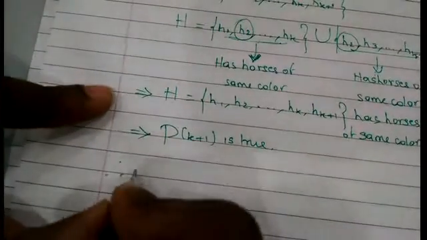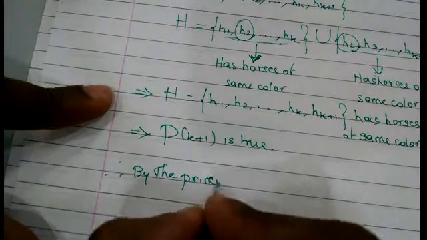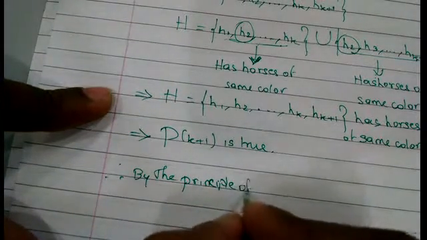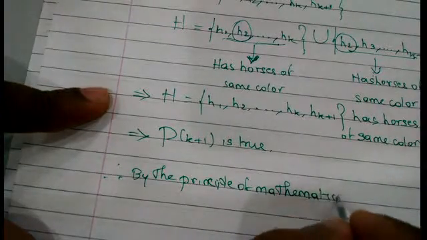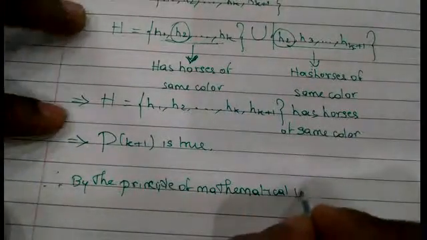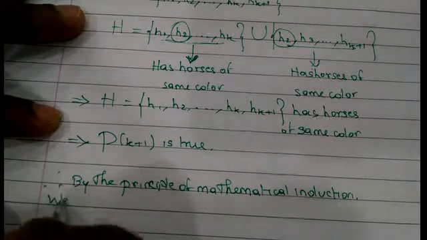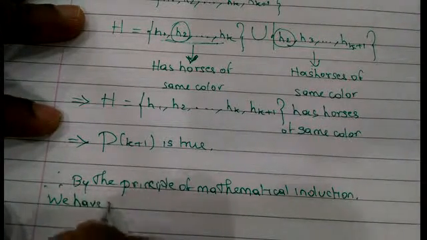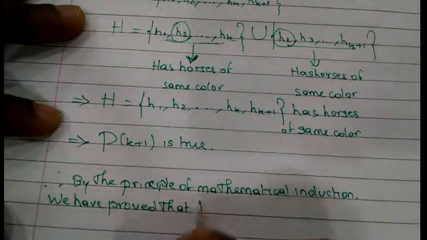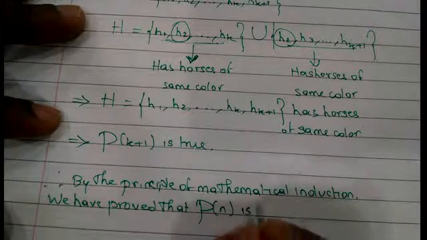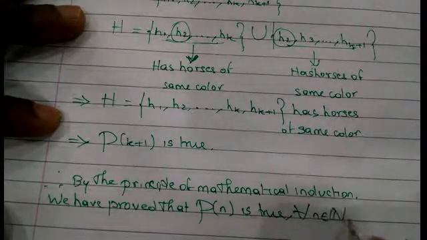Therefore, by the principles of mathematical induction, we have proved that P of n is true for all n belonging to the set of all natural numbers.